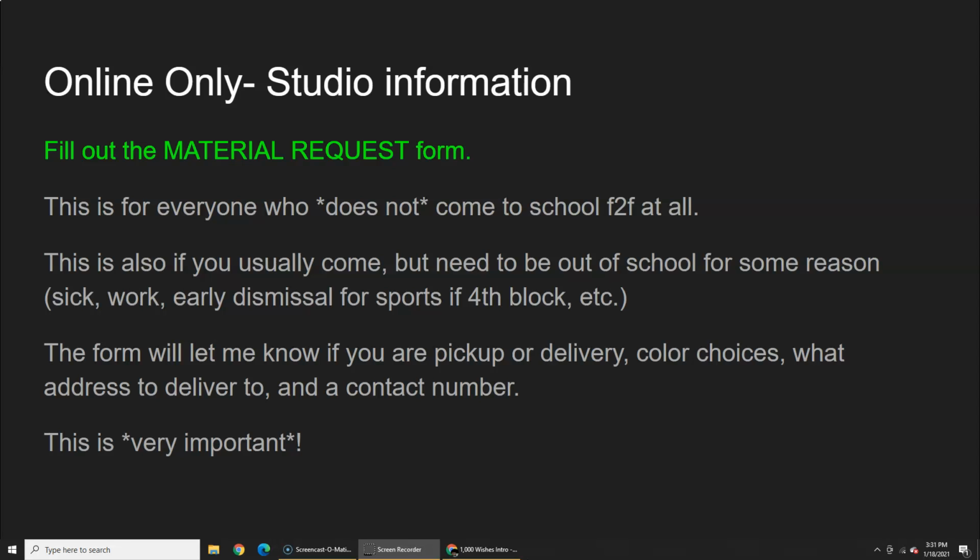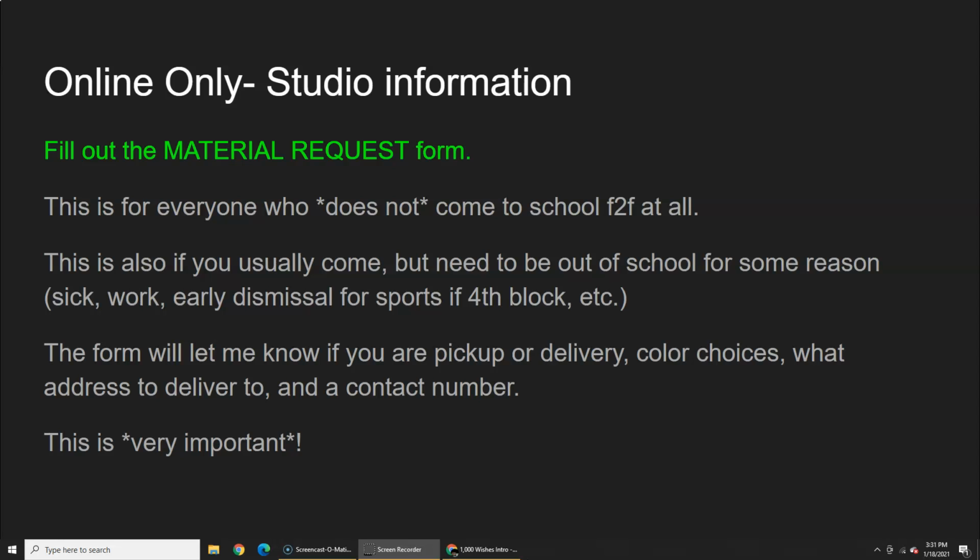The form will let me know that you need materials, and if you want to pick them up here at school or if you want me to deliver them to you, they usually go into a mailbox, an idea of color choices you want, and what address to deliver to, and a contact number. This is very important.